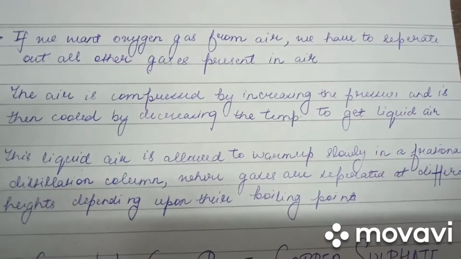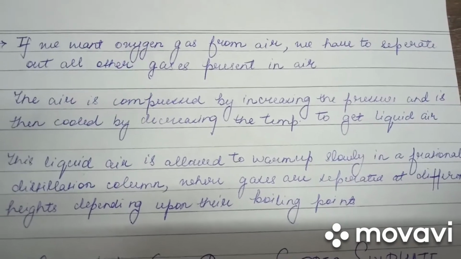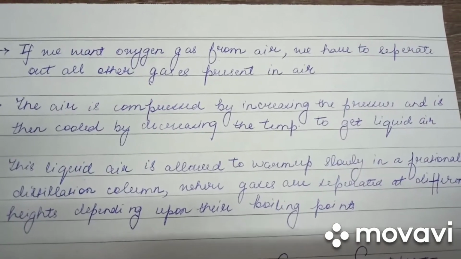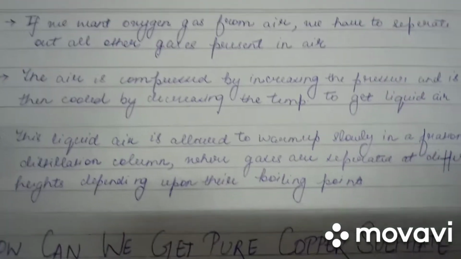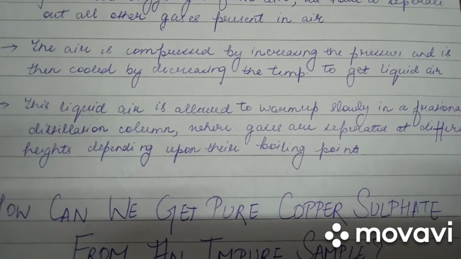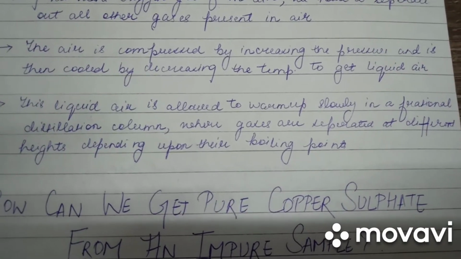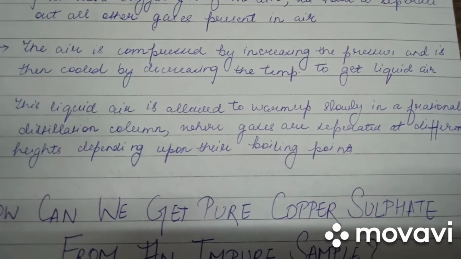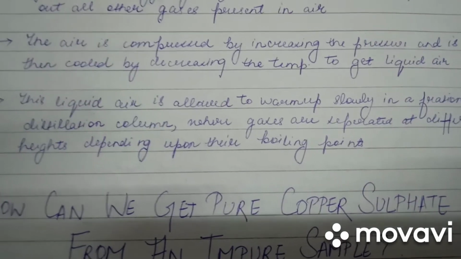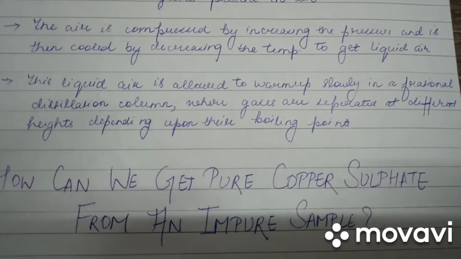The air is compressed by increasing the pressure and is then cooled by decreasing the temperature. As a result of this, we obtain liquid air. This liquid air is allowed to warm up slowly in the fractional distillation column, where gases are separated at different heights depending upon their boiling points.